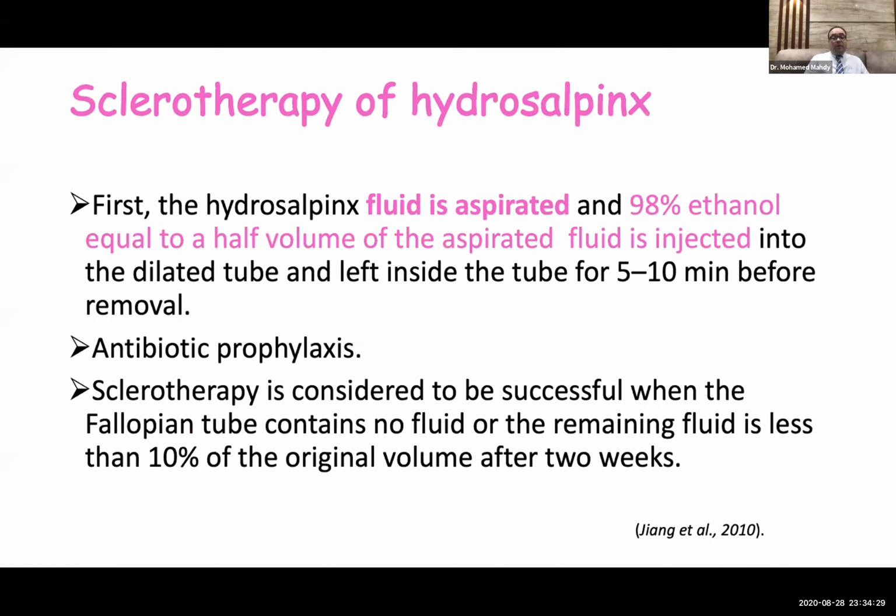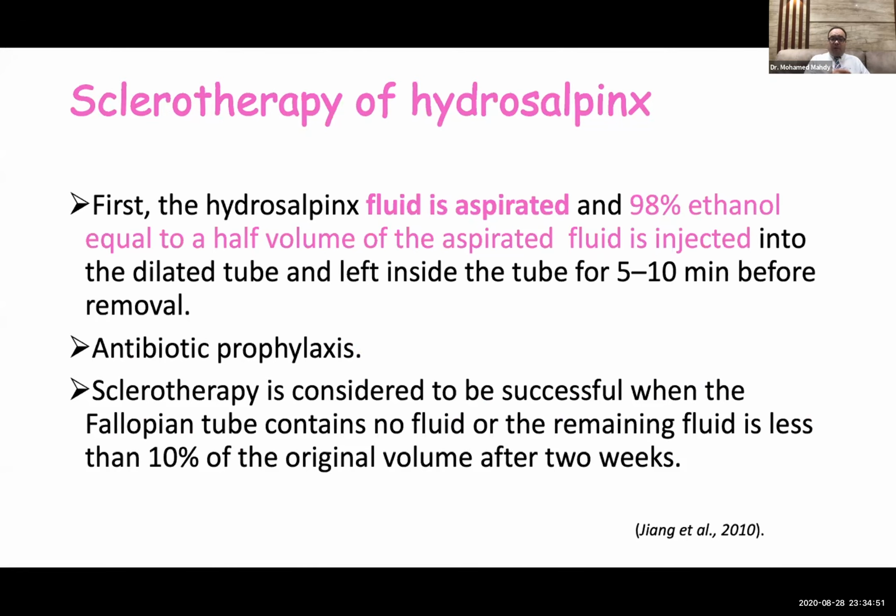The fourth method is sclerotherapy. After you aspirate the hydrosalpinx fluid, you measure it, say about 15 millimeters, so you inject absolute alcohol, half the dose. If you aspirate 15 millimeters, you inject 7 millimeters, wait for 5 to 10 minutes, then aspirate.